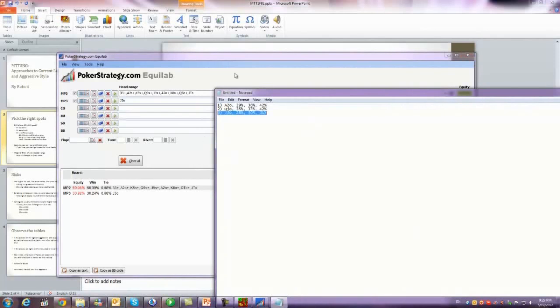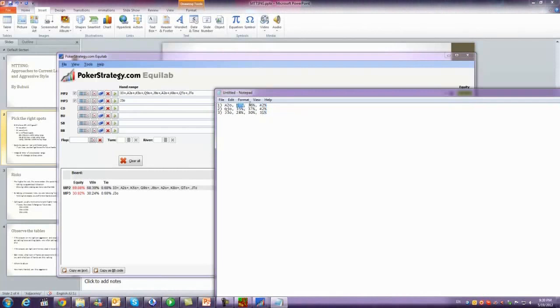Regardless of what type of range people are calling, it's really bad. And we can see ace deuce off is more sensitive than queen jack off, because when people are calling tighter, our equity is low.